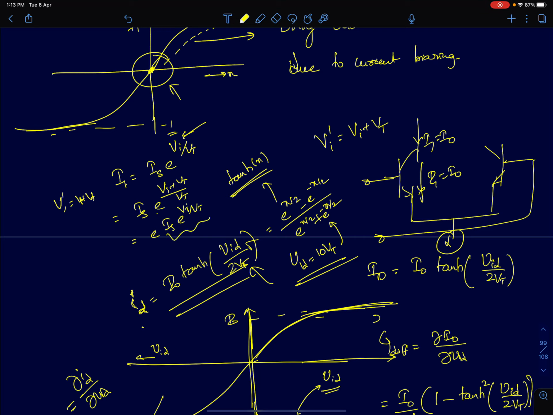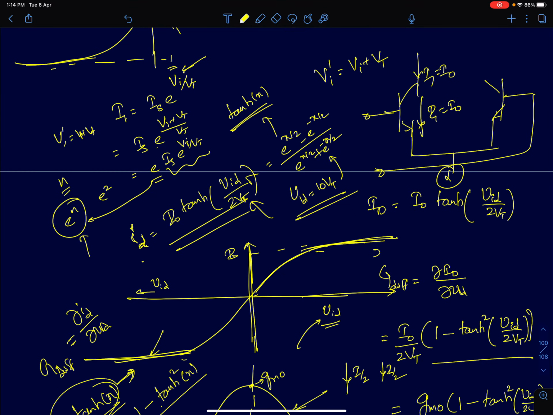So your current has increased by e times if you just increase Vi by 1 VT. If you increase Vi by 2 VT, it will increase by e square. If you increase by n VT, it will increase by e power n times. So even if you increase it in steps of the thermal voltage, it will increase exponentially.